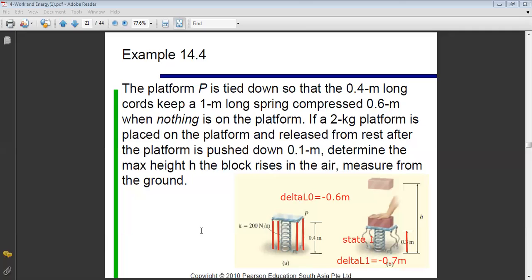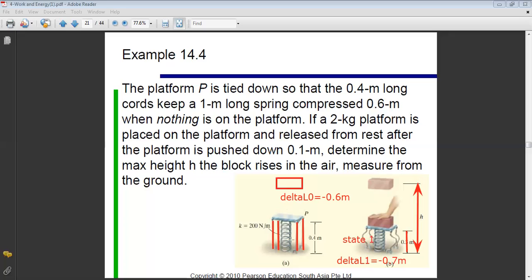Now, I will release my system, and the block will rise upward. The question is, what is the maximum height the block will reach measured from the ground? So my purpose is to find this height, h. Here I have an initial state and a final state. The final state is when my block reaches a certain height. So this is state 2. At state 2, what will happen? The spring cannot follow the block.